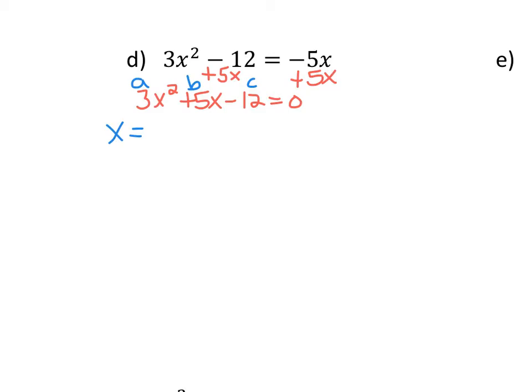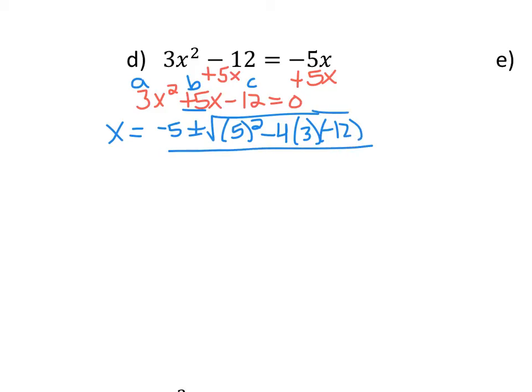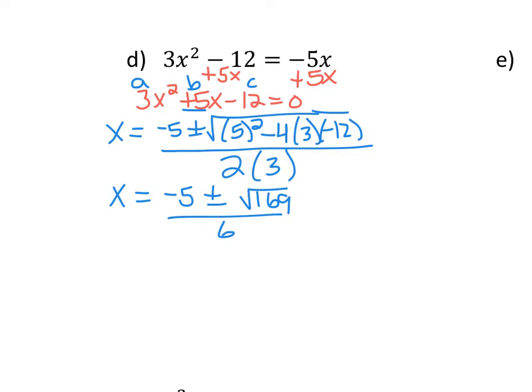Negative b, well, b is 5, so negative b would be negative 5 plus or minus the square root of b squared, so 5 squared, minus 4 times a, which is 3, times c, which is negative 12, all over 2 times a, which is 3. x equals negative 5 plus or minus. Under the radical, when you plug all of that in, we get 169, all over 6, since 2 times 3 is 6.